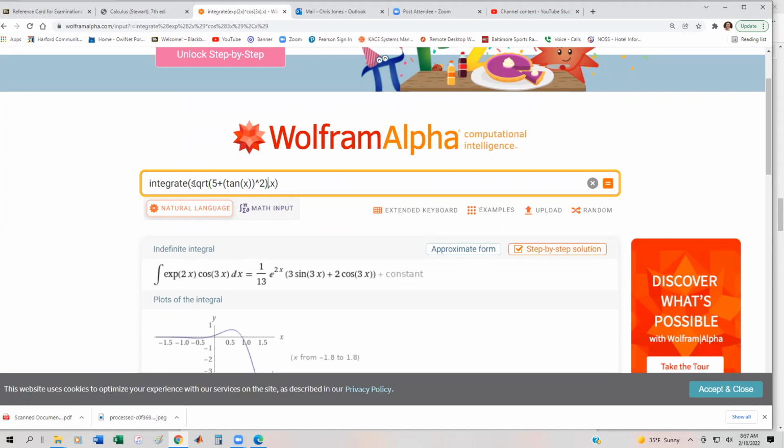And let me make sure I'm using enough parentheses here, or not too many. All right, so that's the square root of 5 plus tan x squared divided by the cosine square. All right, and it looks like I'm missing a parenthesis somewhere. All right, so let me just go ahead and throw that in. Let's see if that works.